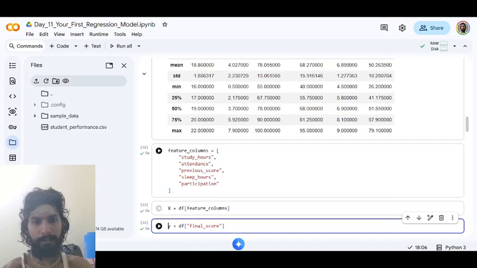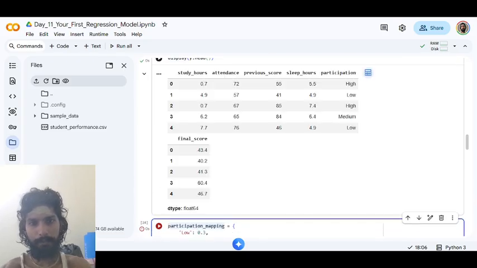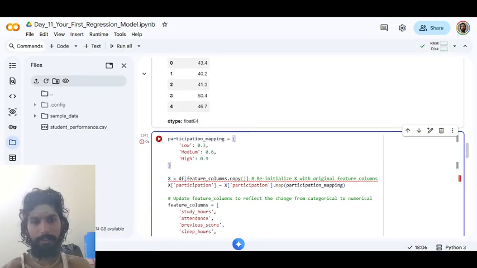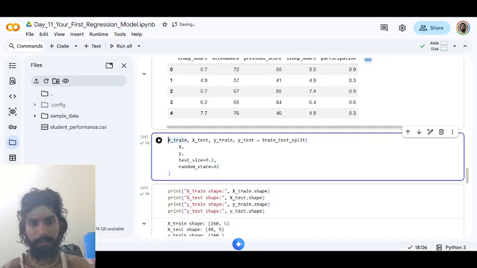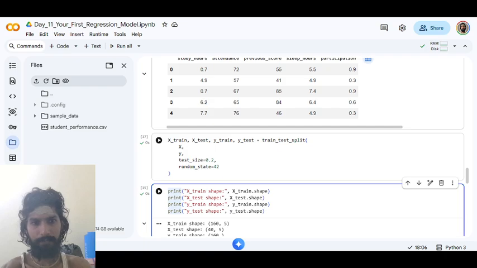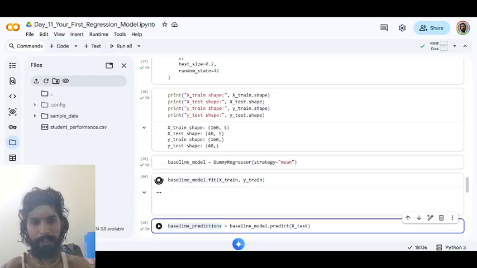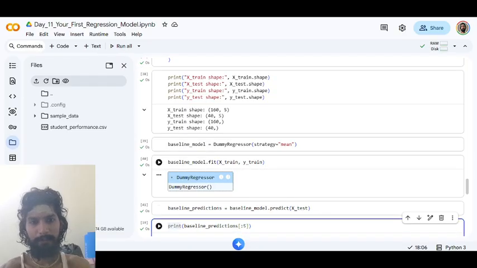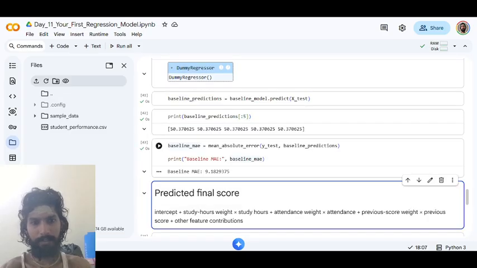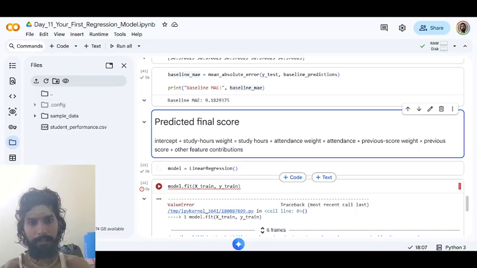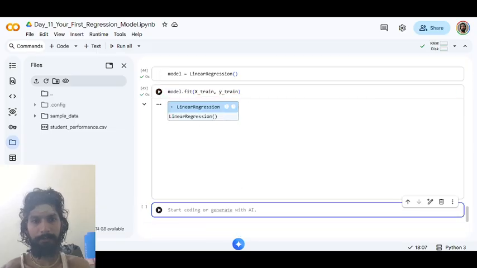Then we calculate the X and y and display both. Now we run this cell and we have got the correct participation. Then we again split it, calculate the baseline, fit the baseline, get the baseline predictions, get the baseline MAE, now model equals LinearRegression, and finally fit the model.